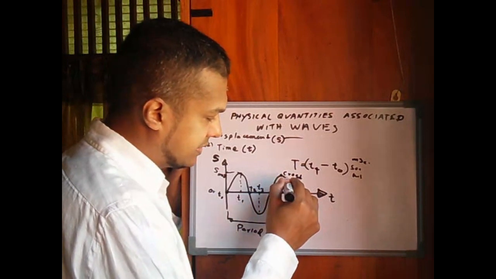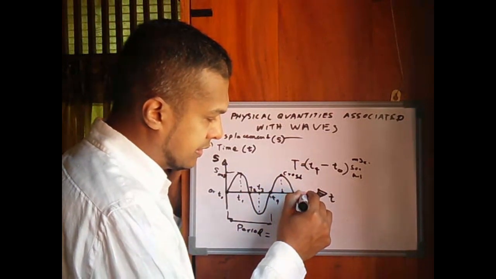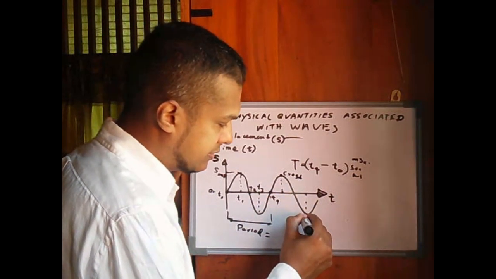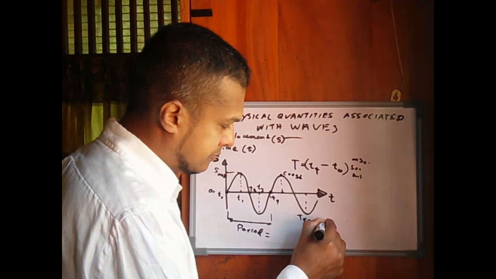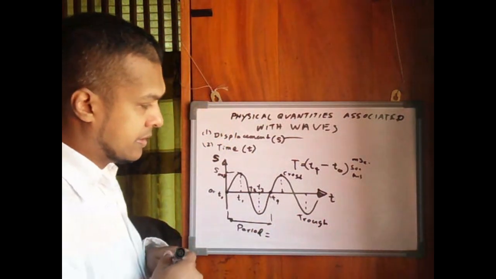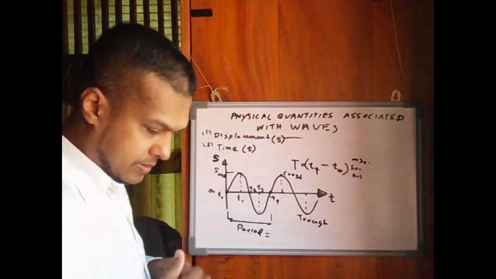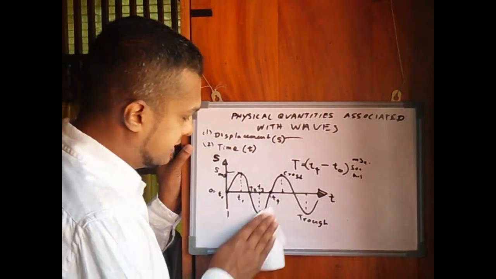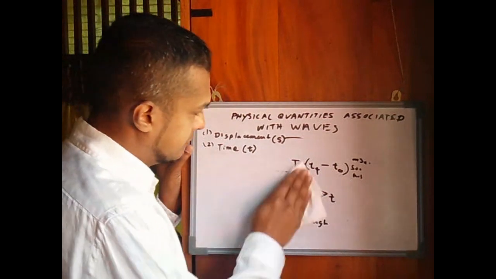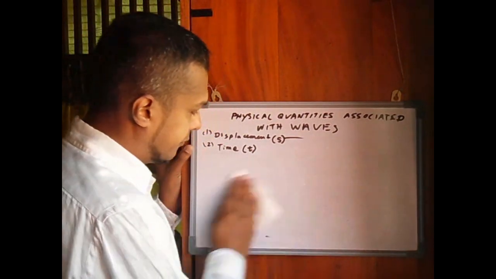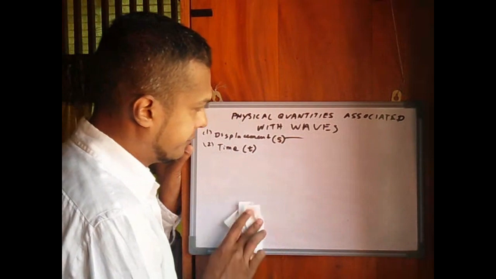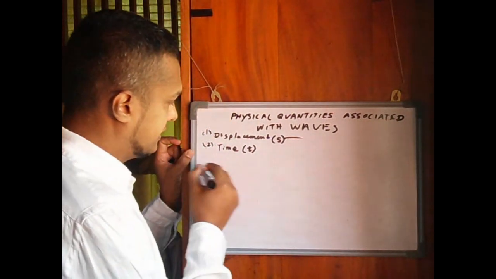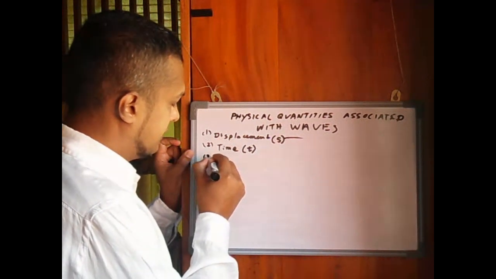If the particle of the medium moves maximum in the negative direction, it's called a trough, which we discussed last time. The third parameter we need to discuss is the wavelength.